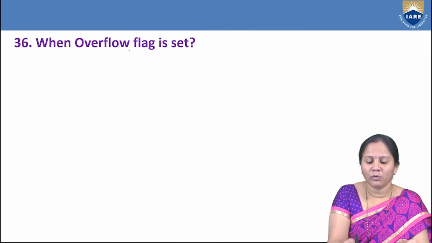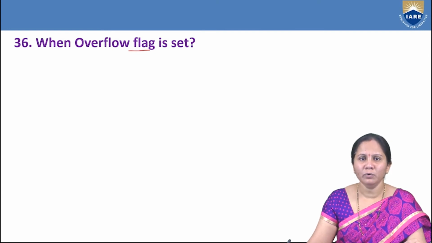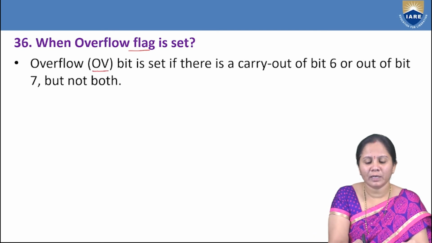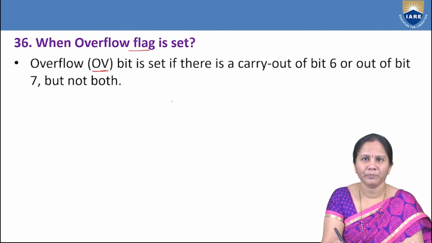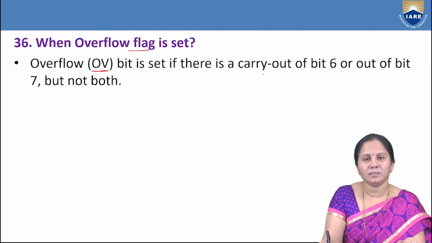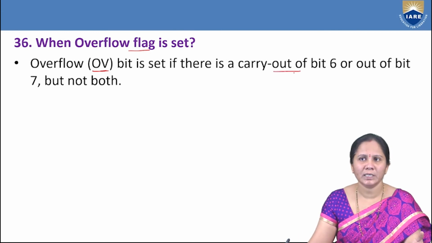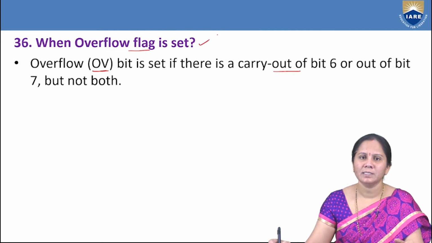Next, when is the overflow flag bit set? This is one of the flag bits available in the PSW format. Overflow can be observed in the PSW format as the OV bit. When there is a carry out of bit 6 or out of bit 7, we say that the overflow flag bit is set.